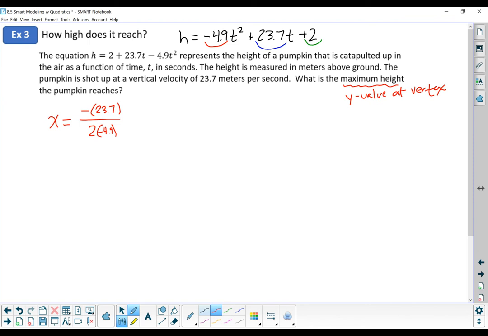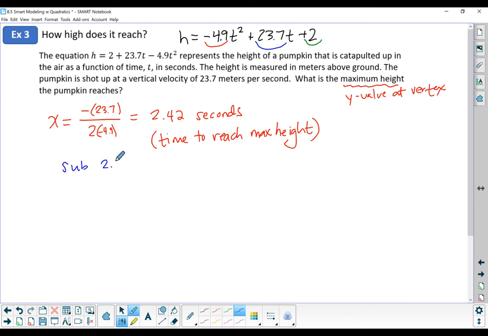If we calculate that, we get an axis of symmetry of 2.42 seconds. And that's the time that it takes to reach its max height. But our question is, what is the max height? So that means we need to sub 2.42 into our equation to find out the y value of that max height.